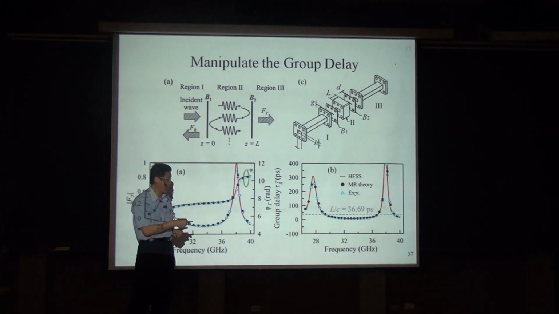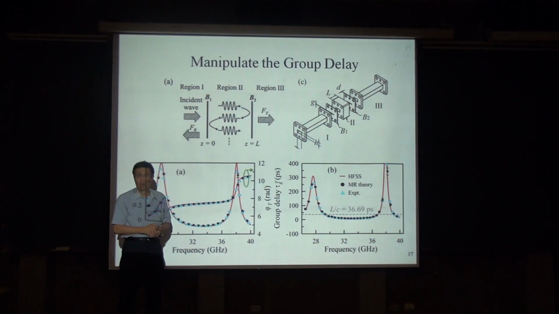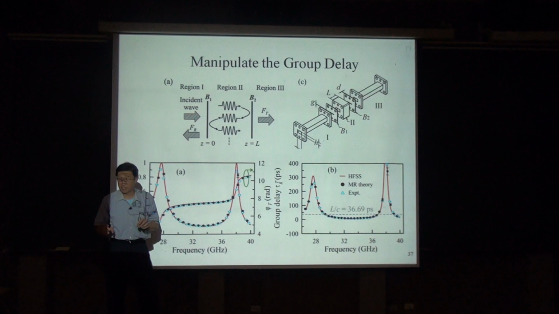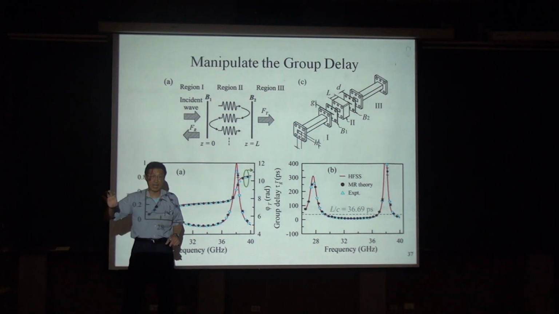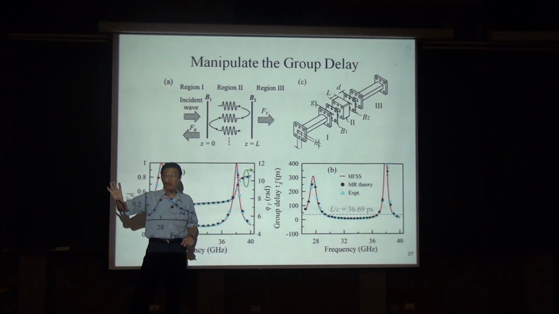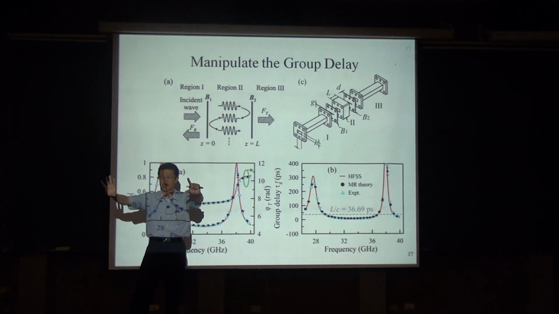Our theory and experimental results agree very well. So this gives us confidence. We can manipulate the phase here. We can change the size of the iris, just like a camera shutter or throttle. You can change the size, then you can control the group delay.